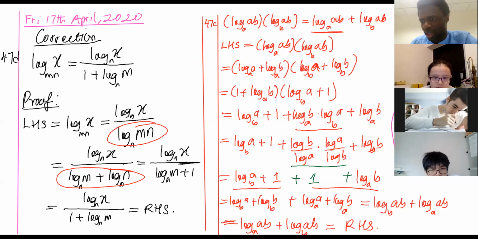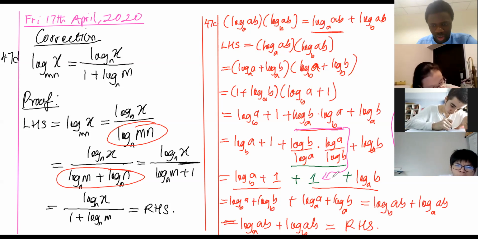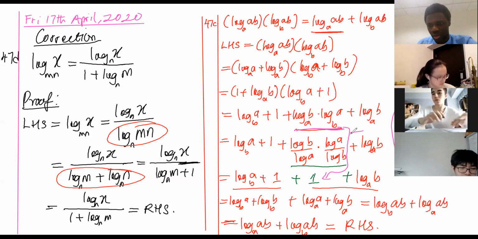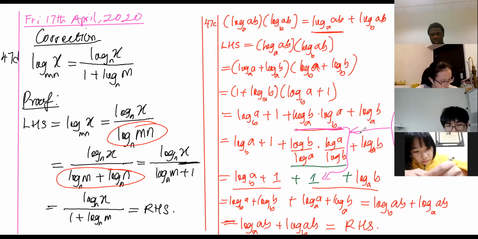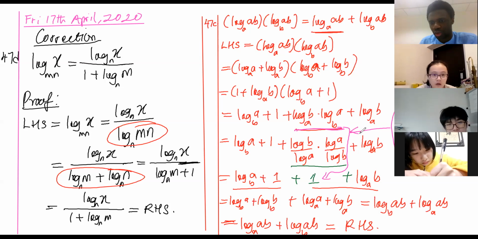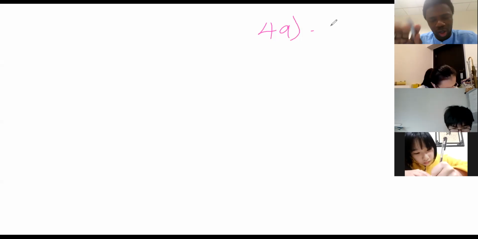If you have done A, you don't need to do all this again. Just jump from here and just call it 1 because you would have done this as 1. How do you state 47A? In your question, you've done 47A, right? You've proved it, you got 1.